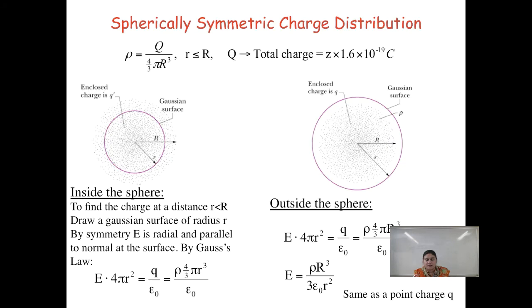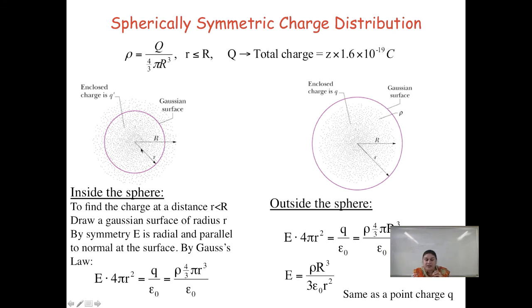Another very important aspect is a spherically symmetrical charge distribution. Outside the sphere, your electrical field is the same as it would be for a charge Q that was concentrated inside it. If you were outside this surface, all of the charge will contribute, and hence you will have a volume density.